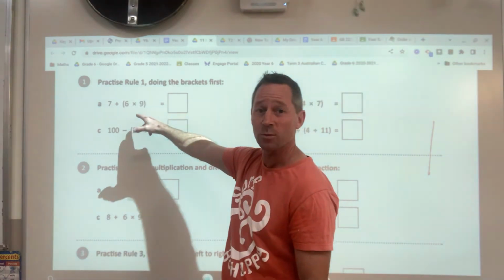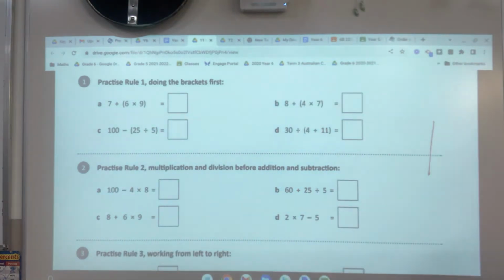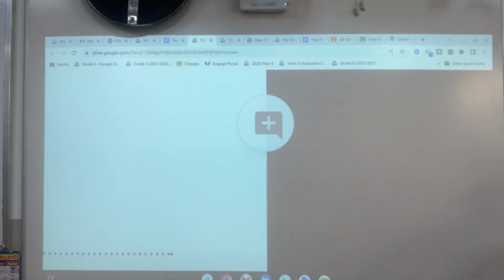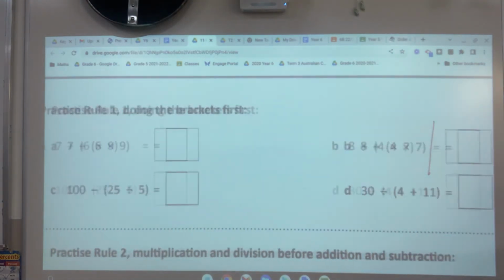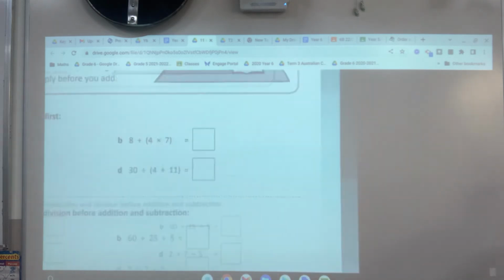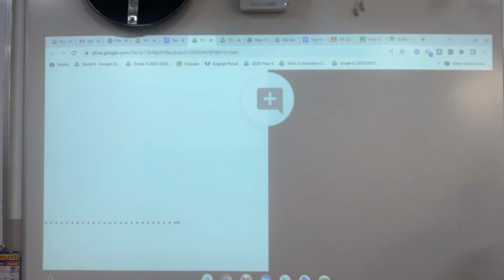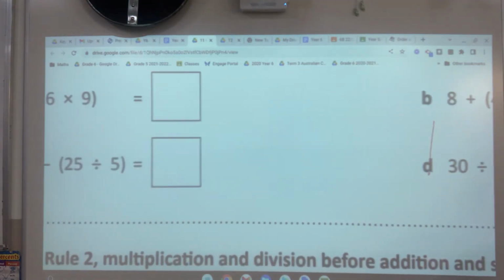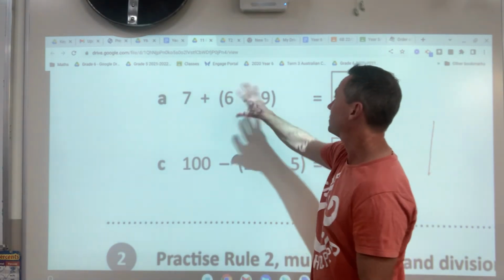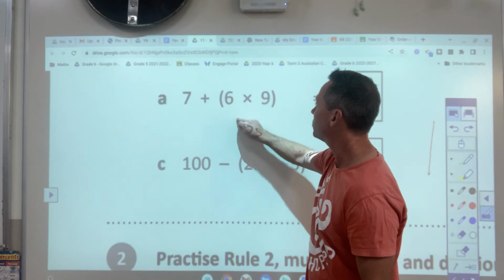Brackets, obviously this one, 6 times 9. So I'm doing the brackets first. 6 times 9, 54.